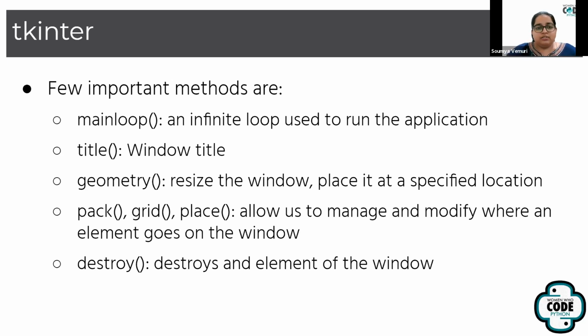We also have title, which sets the title of the window. We have geometry, with which we can resize our Tkinter window. We have pack, grid, and place to modify where an element would go in the window, and destroy would help us destroy all the elements of the window.